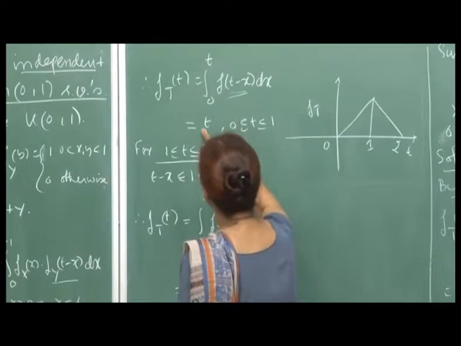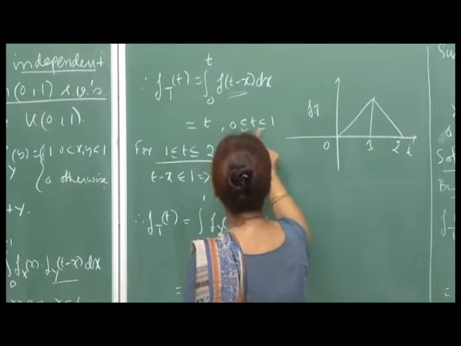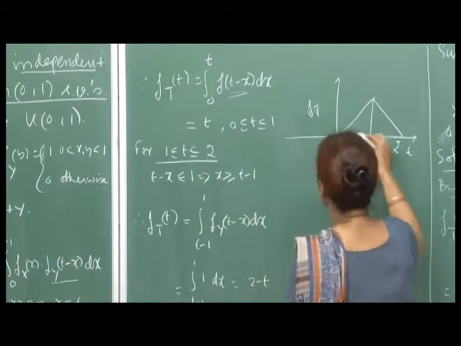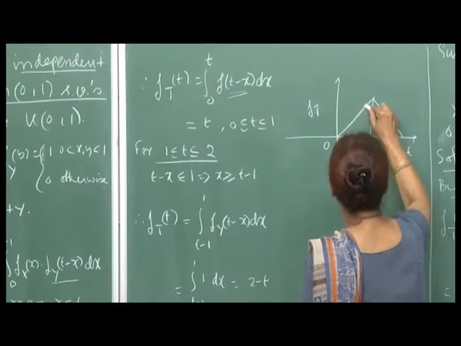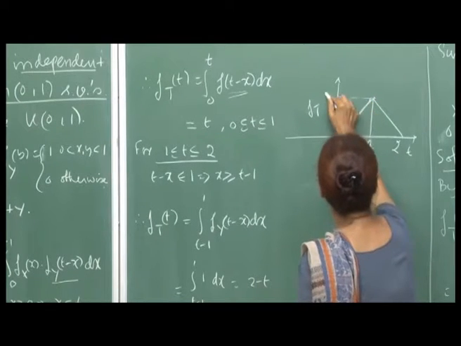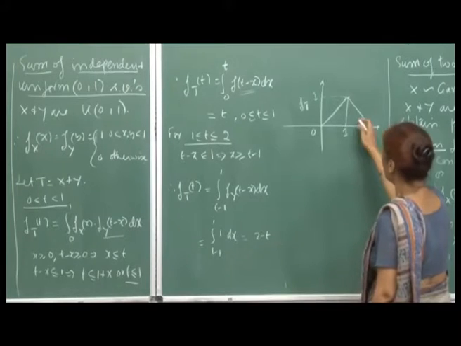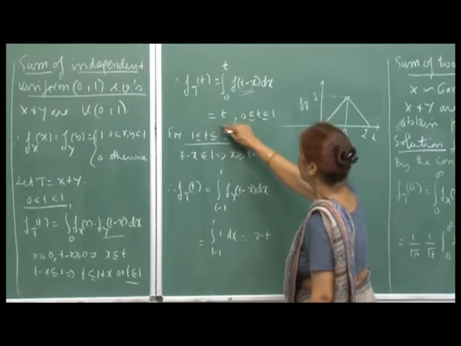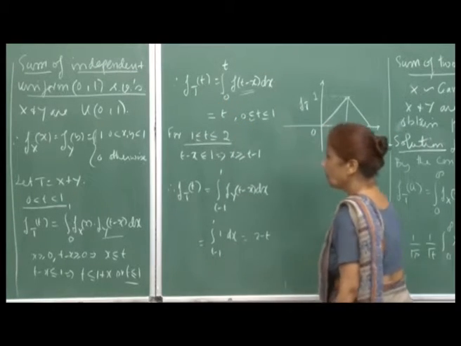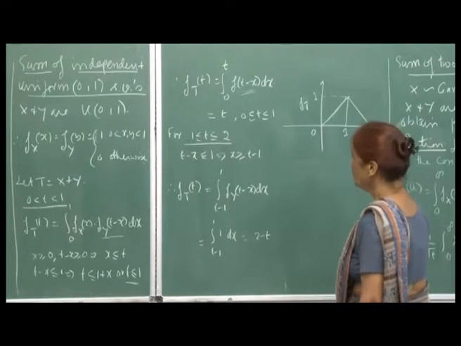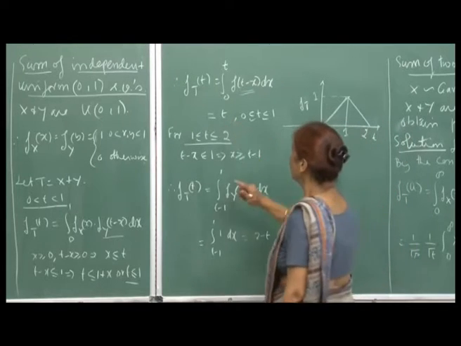So this integral comes out to be t, for t between 0 and 1. This is what I have drawn for you, the curve, and this value is also 1. Therefore, the PDF for the sum of the two random variables when both are uniform will be given by this.